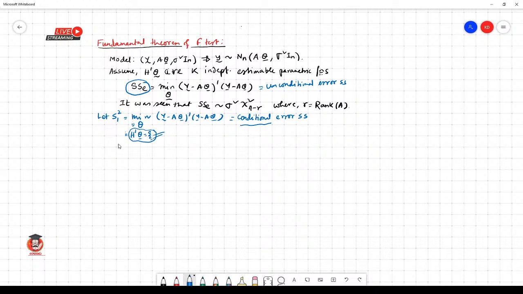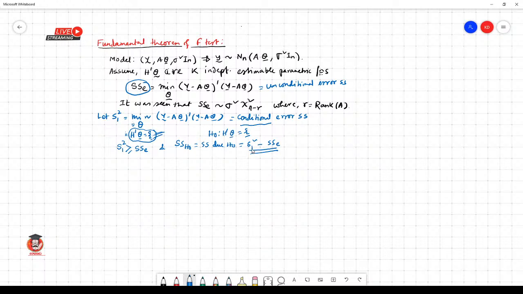So because of these restrictions, S1 square should be greater than or equal to SSE. And the sum of squares due to H naught, if you assume your null hypothesis H naught is H prime theta equal to xi, is nothing but S1 square minus SSE. So this difference gives the sum of squares due to H naught.